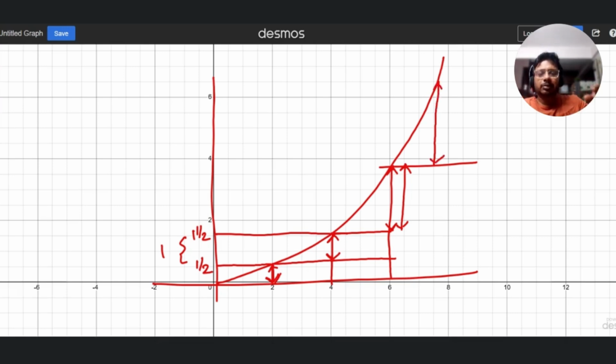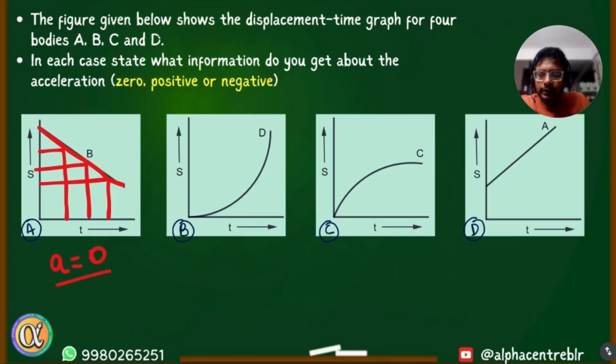So can you see the displacement is not uniform? Initially it's going less, and then as time proceeds, in the consecutive seconds, it is going more and more.